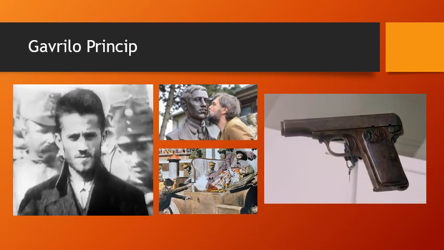Making the last on my list, although in most history sessions this will be the first and foremost, is Gavrilo Princip. This man is the last fuse, not the long fuse, the last fuse. A very, very interesting character. We will cover him in great detail.